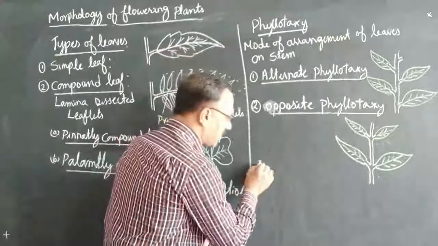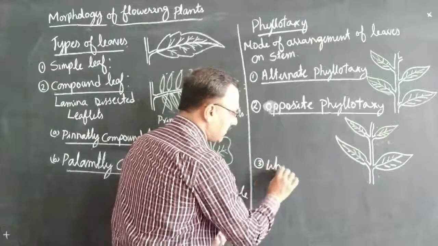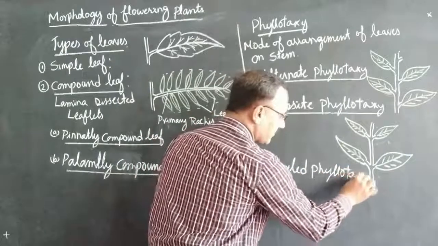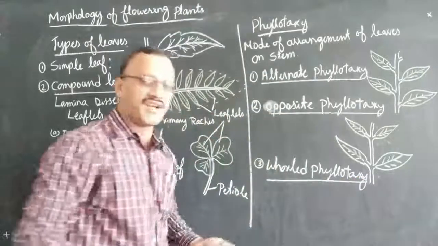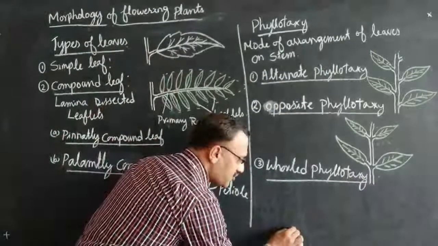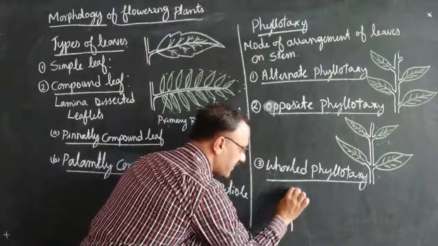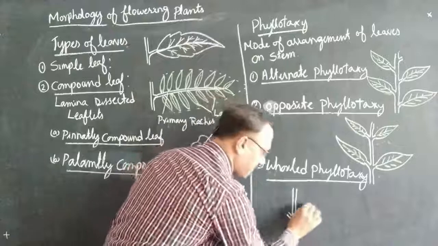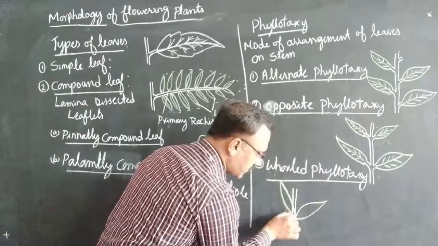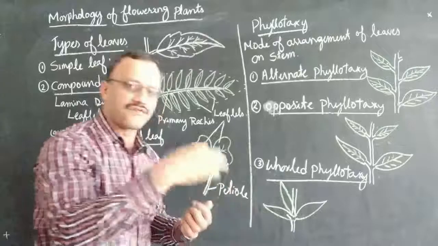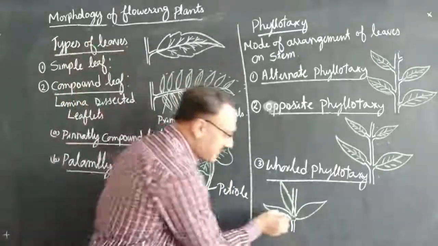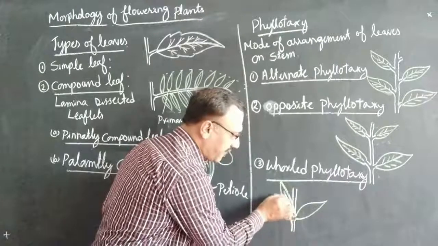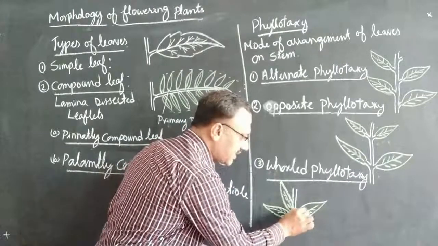Now comes the third one called whorled Phyllotaxy. In case of whorled Phyllotaxy, more than two leaves are found at each nodal region. You can see here 1, 2, 3 or 4 or 5. More than two leaves are found and it forms a crown of leaves at each node.